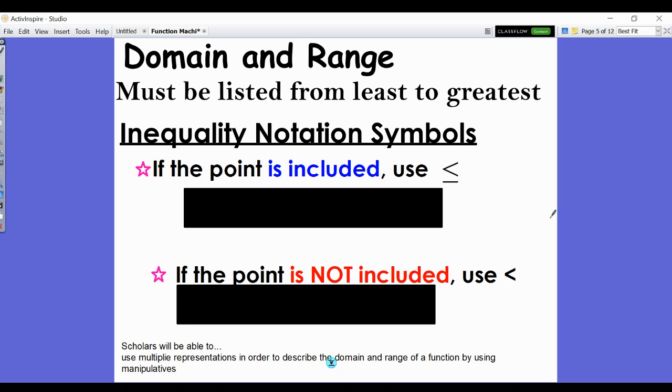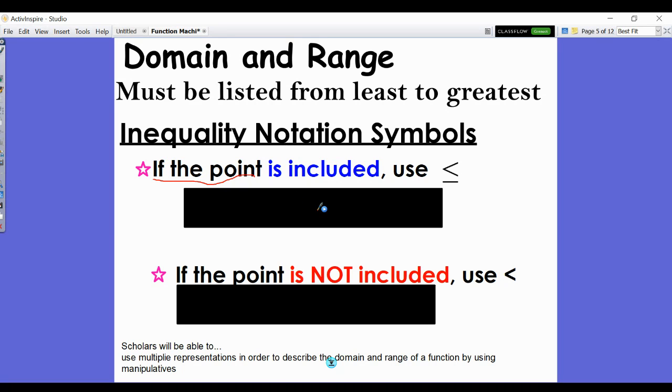And there are two different scenarios when you would use your "or equal to." Where it says, if the point is included, boom. That is very important. If you are including that point in your domain and range, you have to use your less than or equal to, or your greater than or equal to symbol, depending on what you're doing, to make sure that you list it correctly.